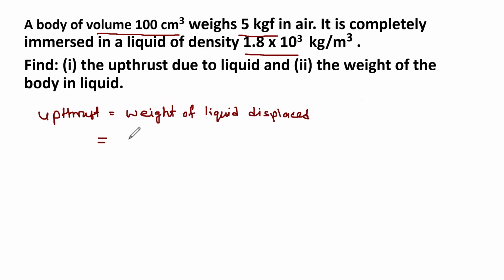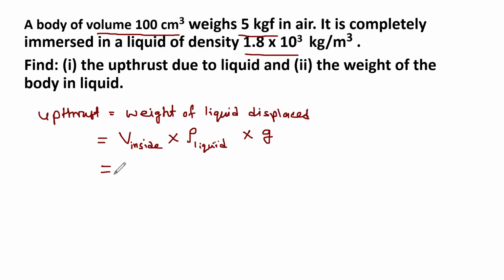Or you can write upthrust as the volume of the solid inside the liquid, so volume inside, into density. Here I am writing rho, the Greek symbol for density. So density of liquid into acceleration due to gravity. This will give us the upthrust.